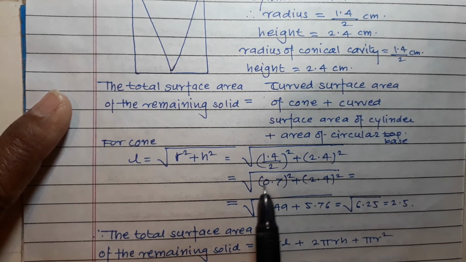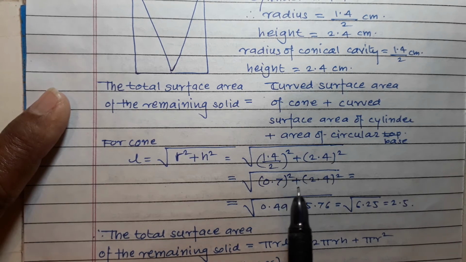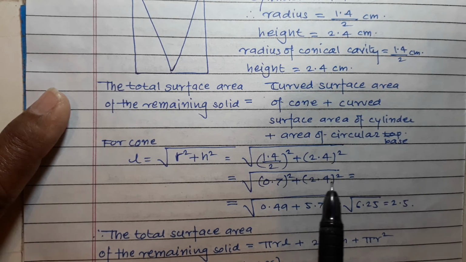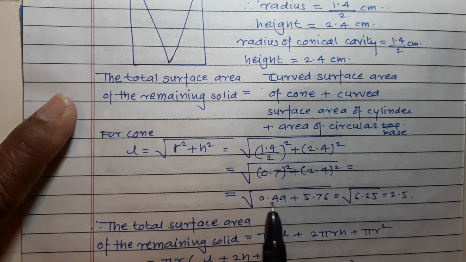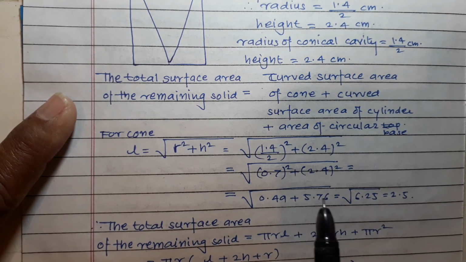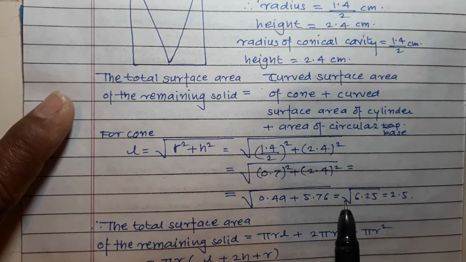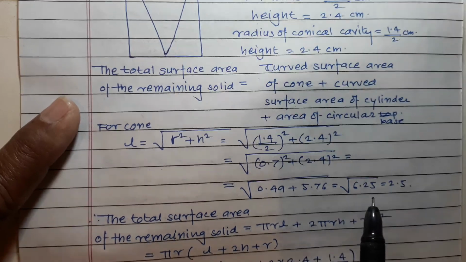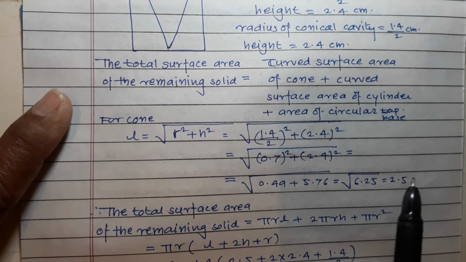If you simplify this, you will get under root 0.7 square plus 2.4 square. So this is equal to under root 0.49 plus 5.76, equal to under root 6.25, and therefore l is equal to 2.5 centimeter.